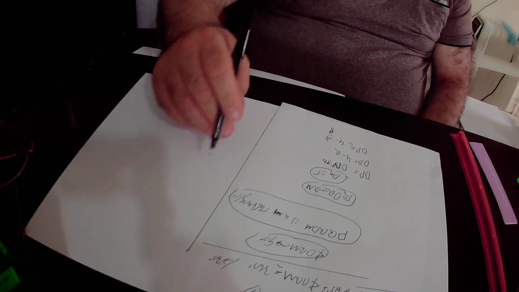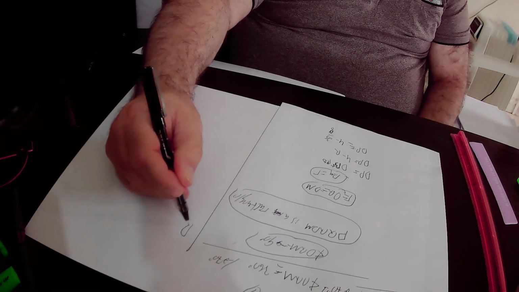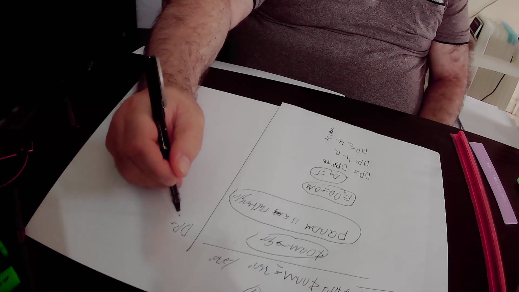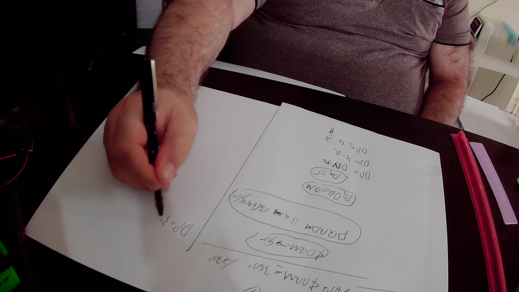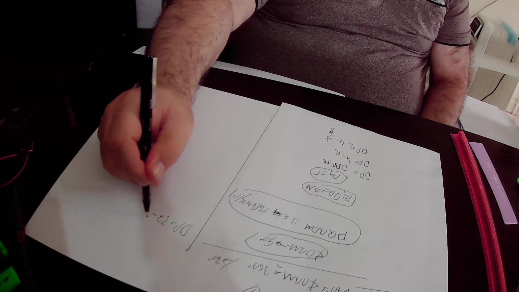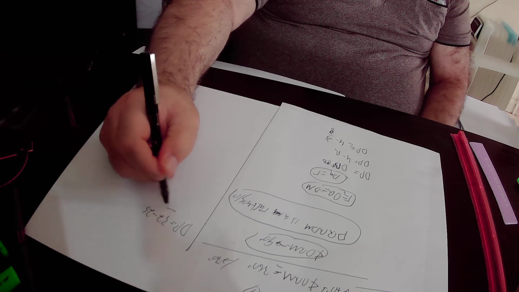So DP equals 4 times 8, which is 32, minus 25 over 8.